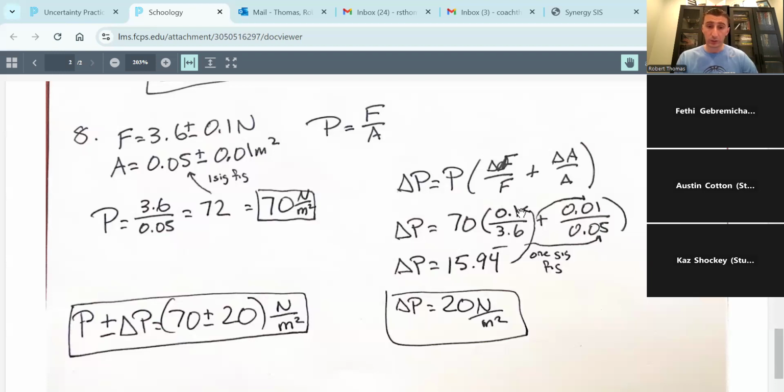Then 0.1 goes here because that's the delta, the change in, and I did 3.6, bang, just add. When I look at this, it's one sig fig, one sig fig. So that's where I get that one sig fig, and bang, there's my answer. Again, remember, you have this equation on your equation sheet. I made a special copy. You're going to get it before the exam. Any questions on this?